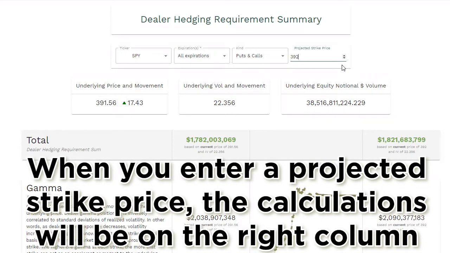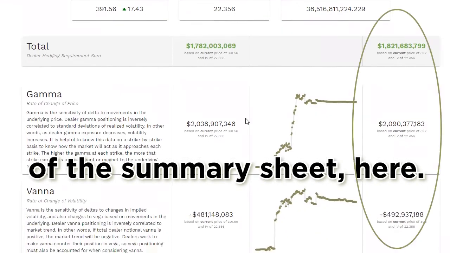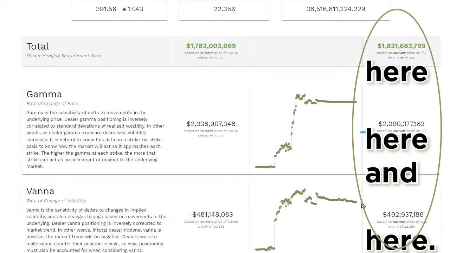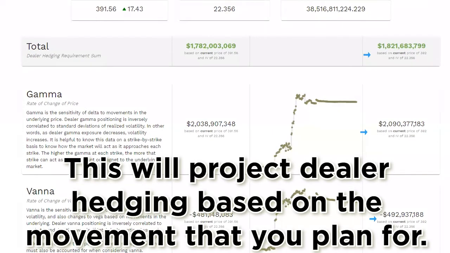When you enter a projected strike price, the calculations will be on the right column of the summary sheet here. Here and here. This will project dealer hedging based on the movement that you plan for.